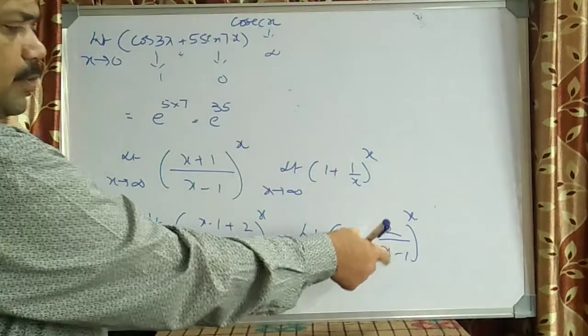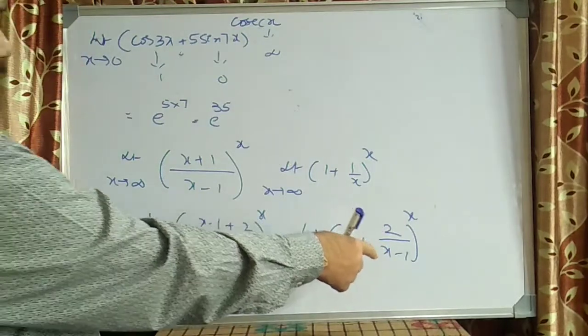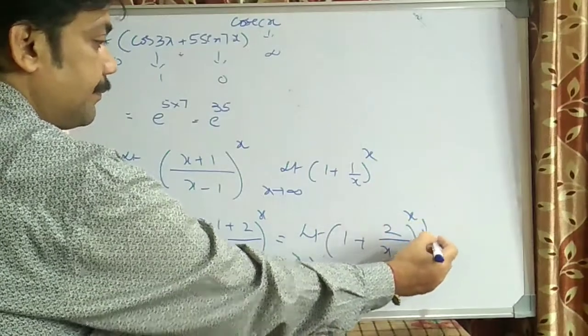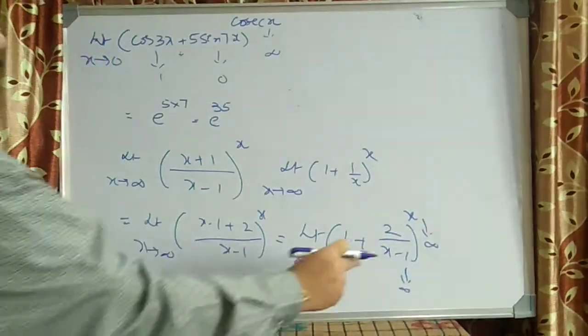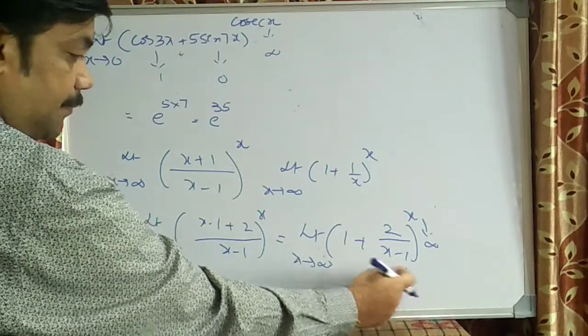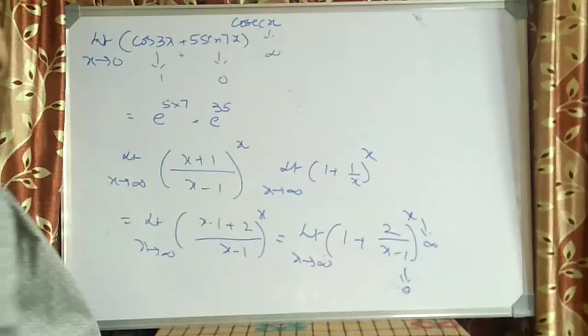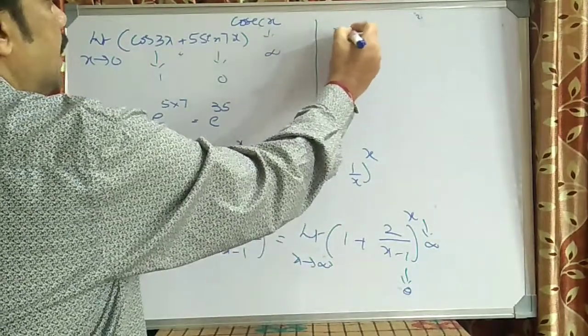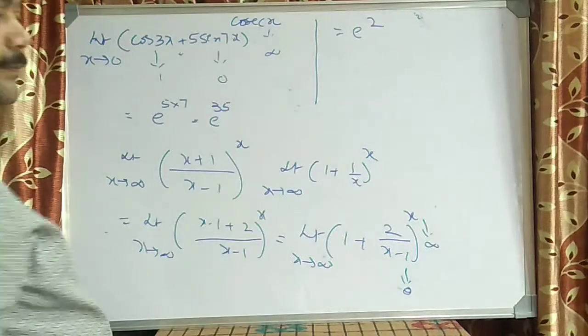Now there are two terms: this one is becoming 0 and the power is infinity. The coefficient of the term which is becoming 0 here is 2. So it is very clear, simply I will get the answer as e squared.